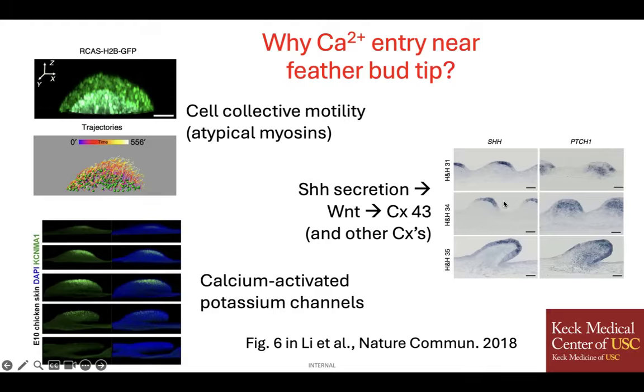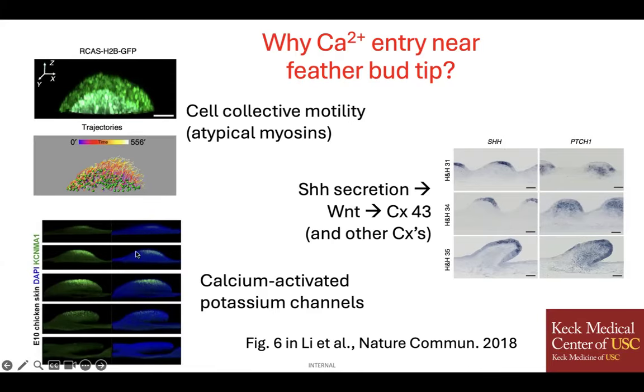Now, this is kind of a cool observation because, of course, sonic hedgehog plays a huge role in triggering the Wnt pathway and ultimately gap junction expression. So it's really cool that the calcium entry leads pretty quickly to arriving at the places where sonic hedgehog is produced and stored. And sonic hedgehog in different model systems is secreted on calcium elevation of the cytoplasm.